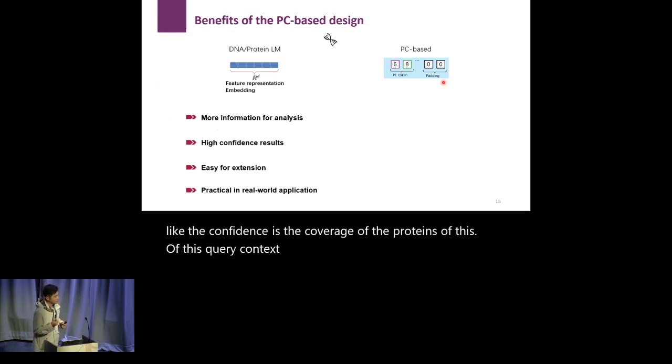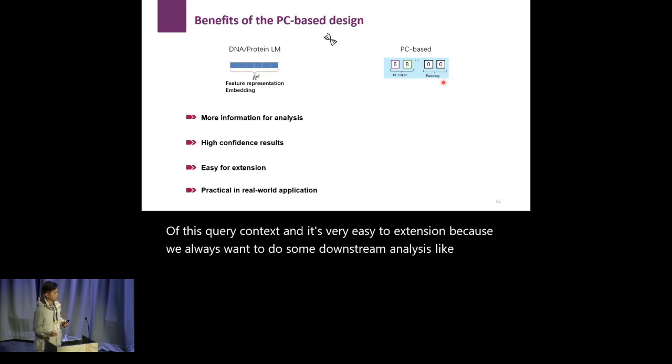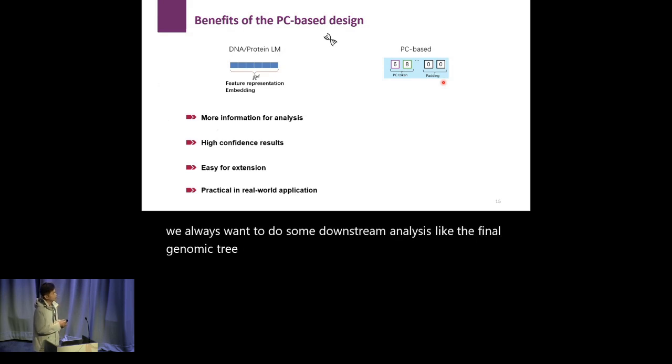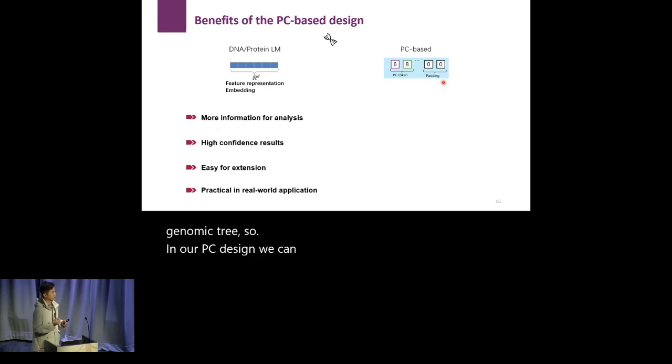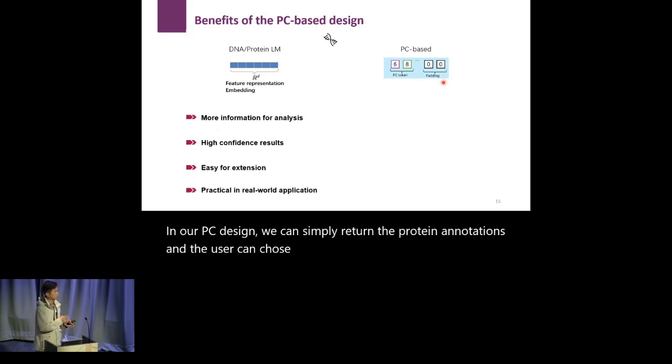And it's very easy to extend because we always want to do some downstream analysis like building the final genomic tree. So in our PC design, we can simply return the protein annotations and the user can choose their marker genes to build the final genomic tree.